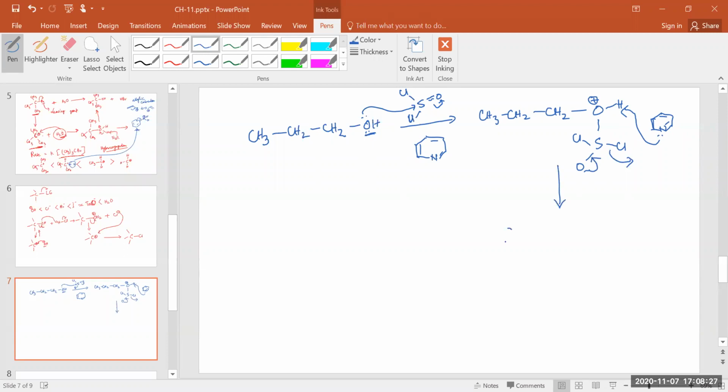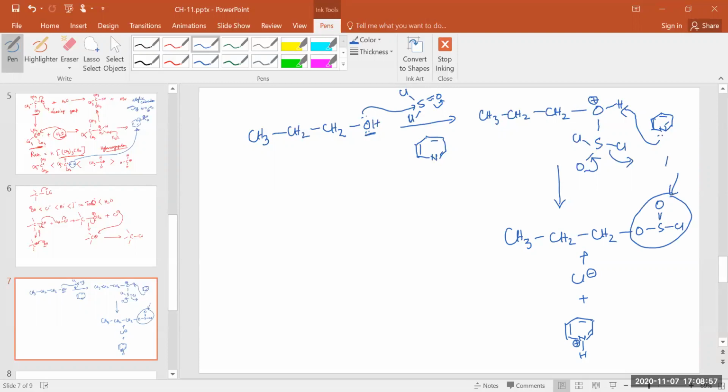So it will form CH3CH2CH2-O-S(=O)Cl, plus Cl minus, plus pyridine. As a whole, this is a leaving group.